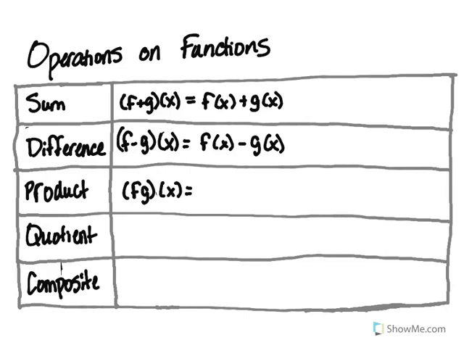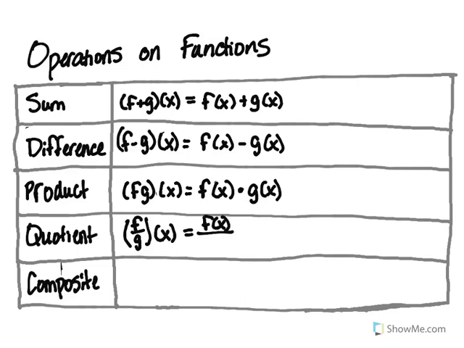And this is just going to look like the first function times the second function. If we have the quotient, which means division, so we have f divided by g of x, we have the function f of x divided by the function g of x.